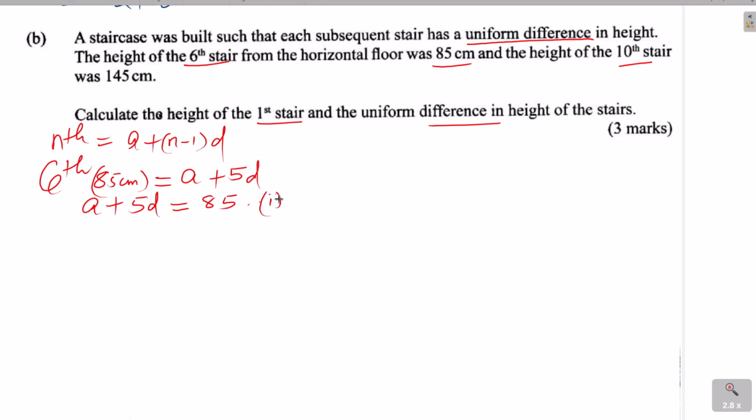Then the other equation will come from the height of the 10th stair, which is 145. So that one corresponds to the 10th term of an AP. So the 10th term, which is the height of the 10th stair, which is 145 centimeters, is given by a, the height of the first term, then n minus 1, since it is the 10th stair, will be 10 minus 1, which is 9, and multiply by d.